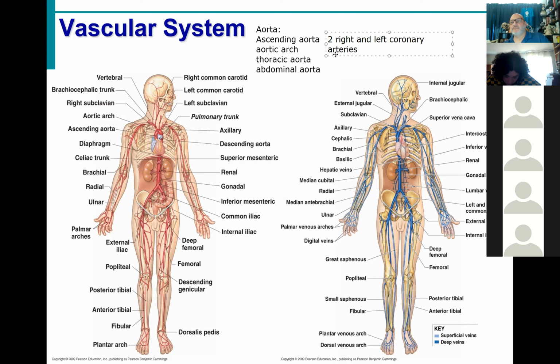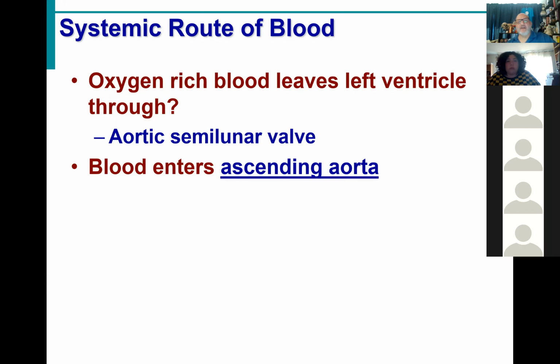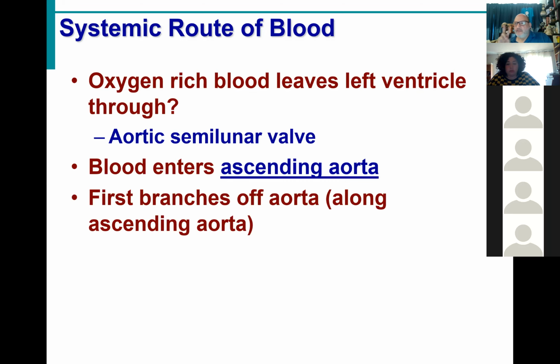Absolutely. All right. So when that oxygen-rich blood leaves the left ventricle, it exits the aortic semilunar valve into the ascending aorta. And there are only two branches that come off of the ascending aorta: the right coronary artery and the left coronary artery.